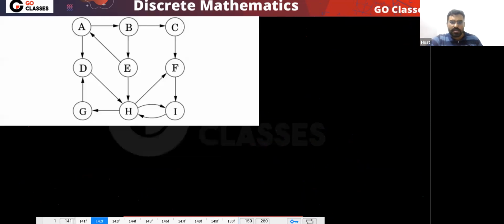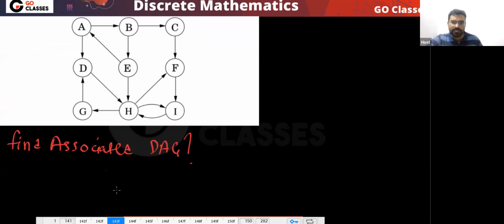Let's see this question. This is a university exam question. Find the associated DAG. So first you find the strongly connected components. Do it systematically.